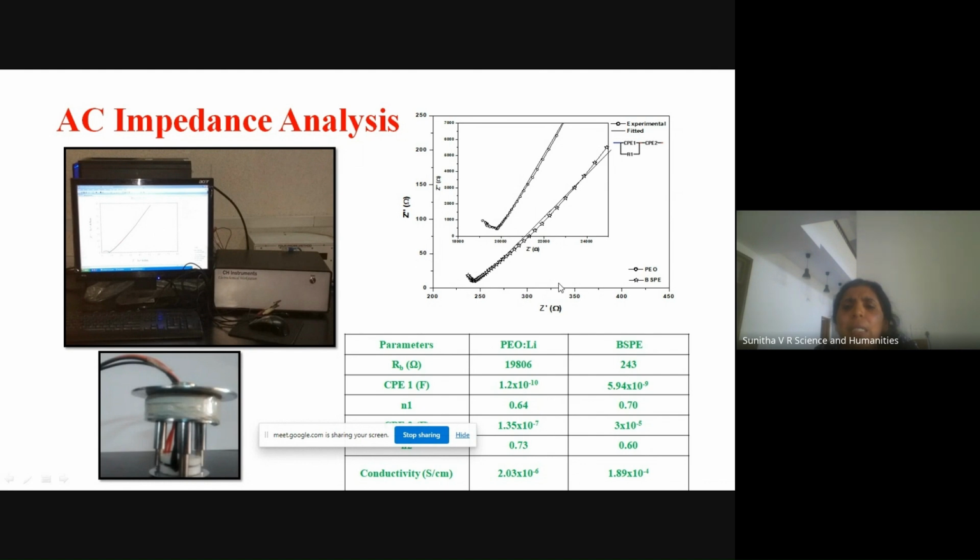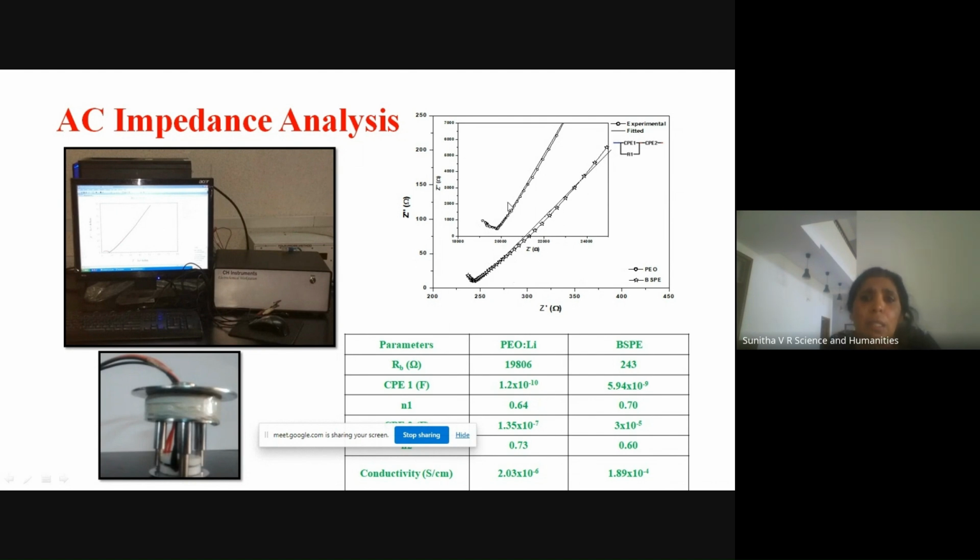The inset of the figure is for a pure polymer, which is showing a higher bulk resistance. The region on the higher frequency side we call the bulk resistance, and this spike is the low frequency region, which will give you the capacitance behavior of the system.